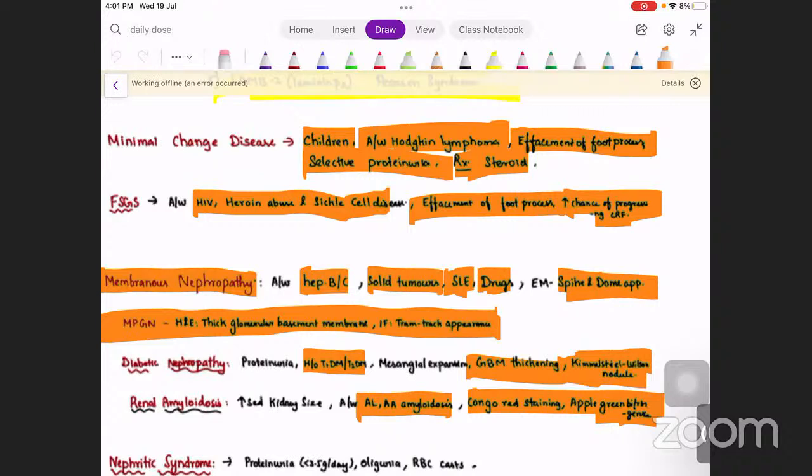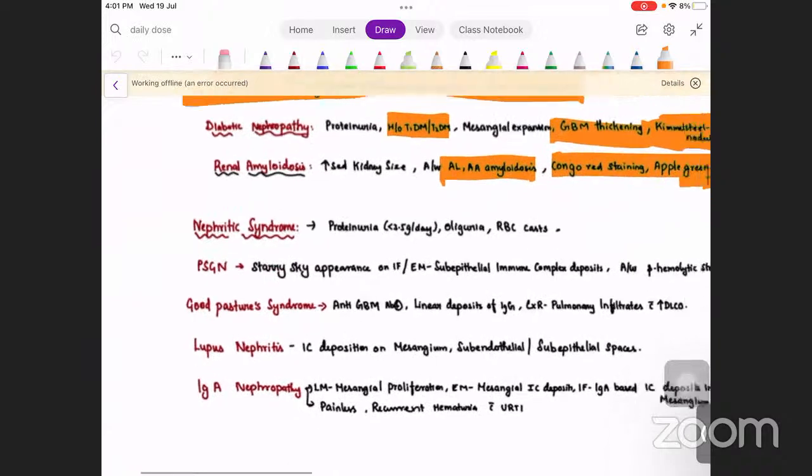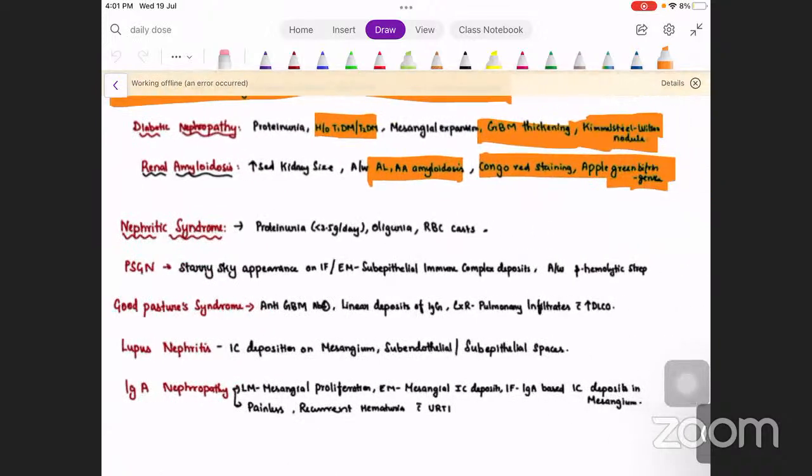Effacement of foot processes with HIV, heroin, or sickle cell disease: FSGS. Kimmelstiel-Wilson nodules: diabetic nephropathy. Congo red staining and apple green birefringence: amyloidosis. So these are the possible causes, people, that you have to know.